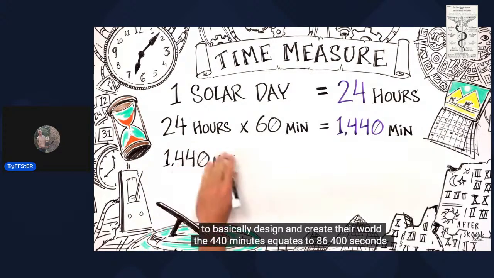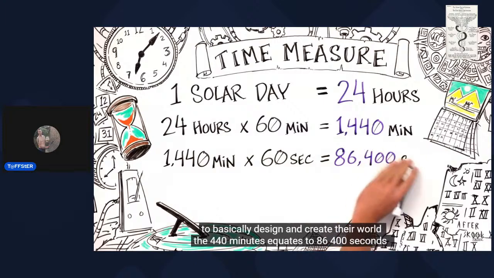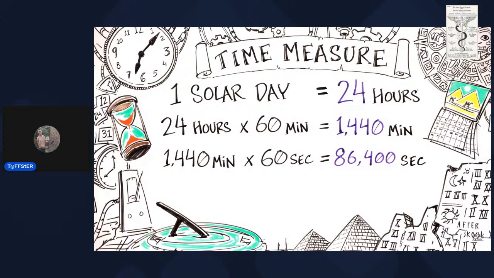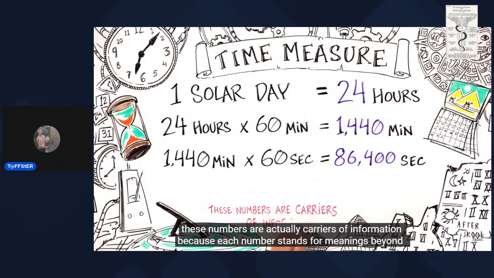The 1,440 minutes equates to 86,400 seconds. So if you just listen to these numbers, look at them, and let them soak into your brain, once you've gotten into this as a system, a methodology of transmitting information, these numbers are actually carriers of information because each number stands for meanings beyond just the apparent ones.